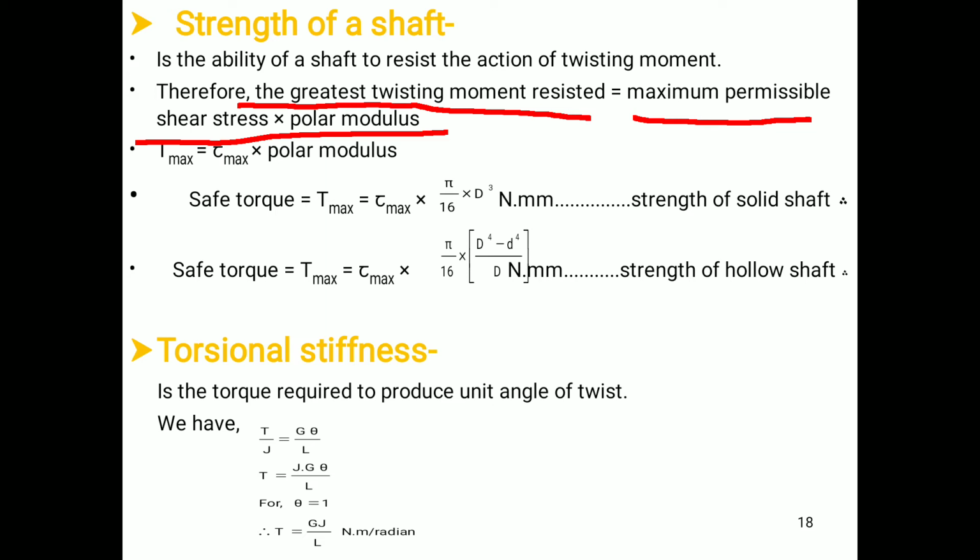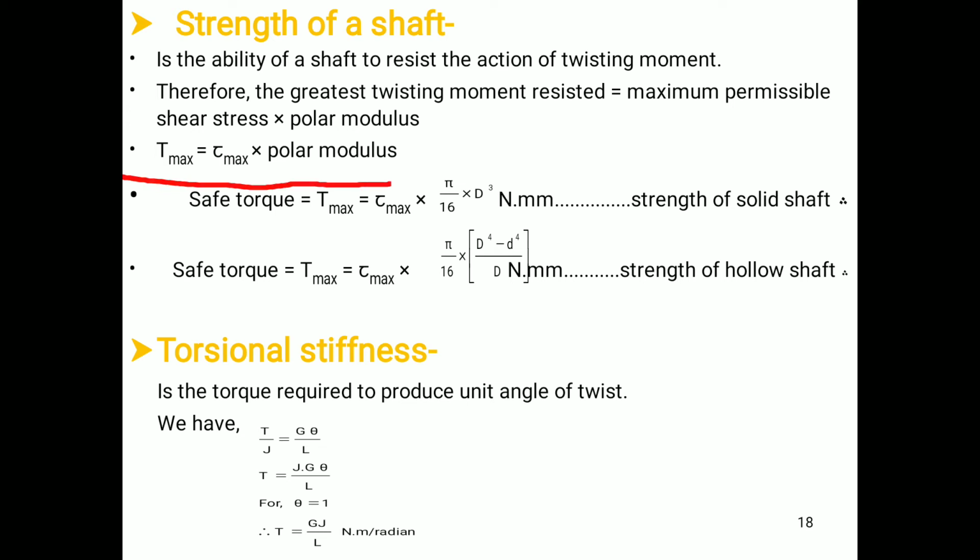It's a product of these two quantities. Because it's the ability of the shaft to resist the action of twisting moment, we have T maximum is equal to tau maximum into polar modulus. This is the mathematical expression of the strength of the shaft.